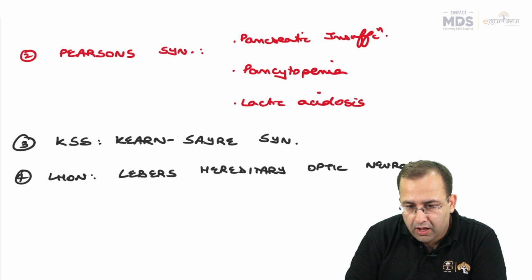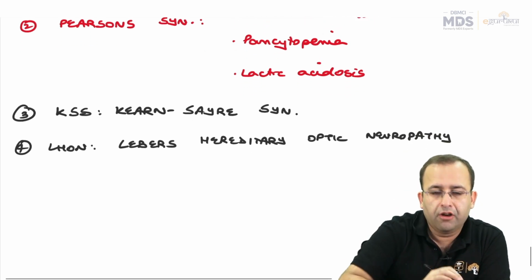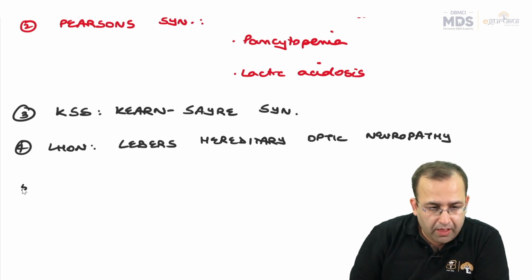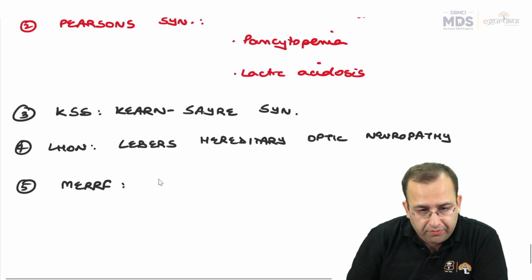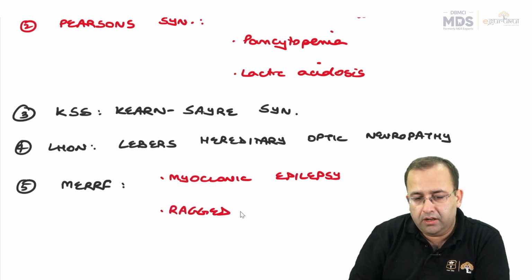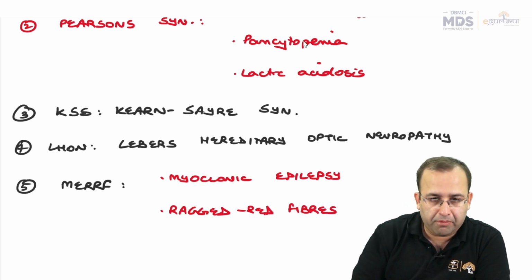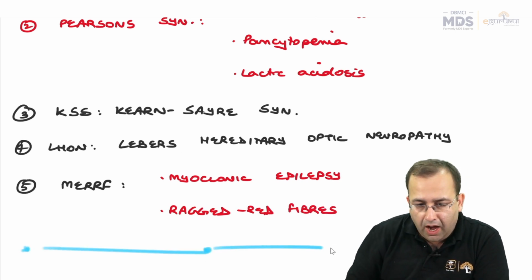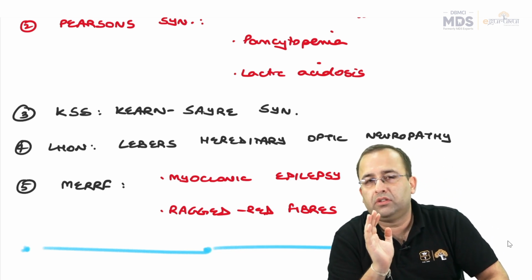And MERRF, that is myoclonic epilepsy with ragged red fibers. These are the diseases associated with mitochondrial inheritance.